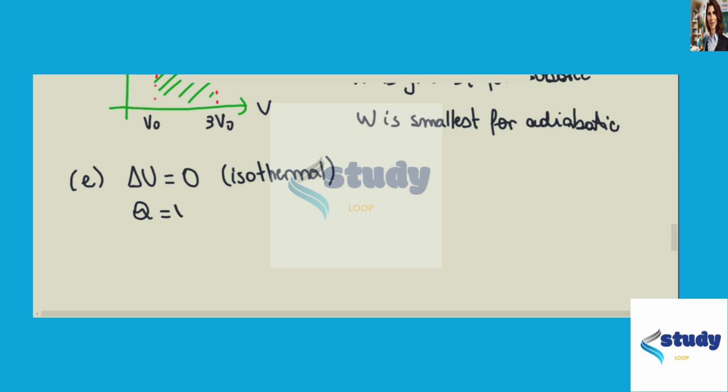So Q is just equal to W. So Q in the first case is equal to 3,287 joules. In the adiabatic case, Q is 0, because that's the very definition of adiabatic.